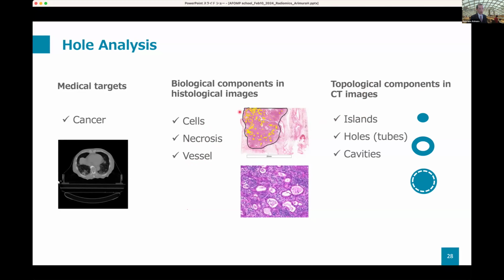Anyway, cells become islands, necrosis may become holes, and vessels may become cavities in the topological components.